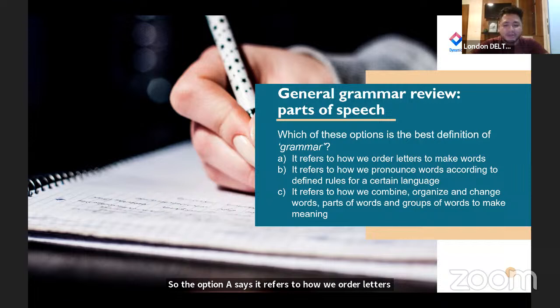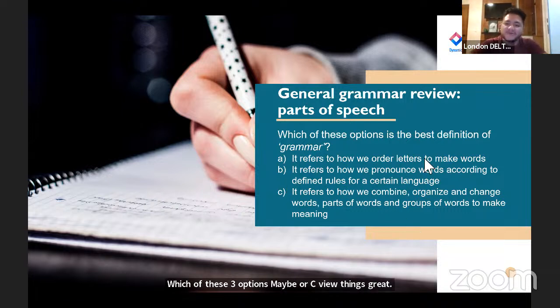Option B, it refers to how we pronounce words according to defined rules for certain language. Or letter C, it refers to how we combine, organize, and change words, parts of words, and groups of words to make meaning. Which of these 3 options, A, B, or C, do you think is correct?